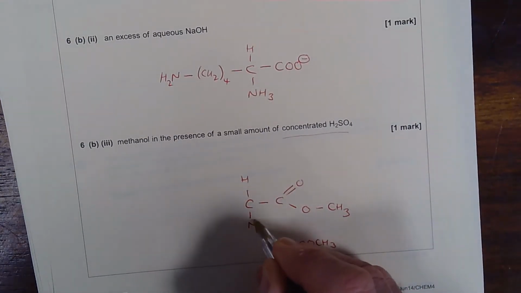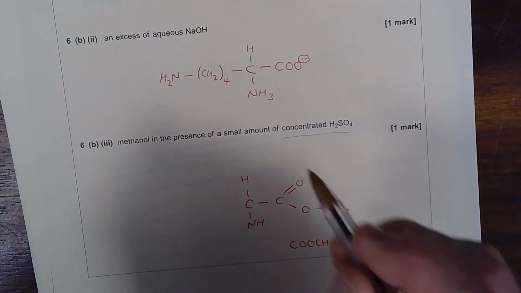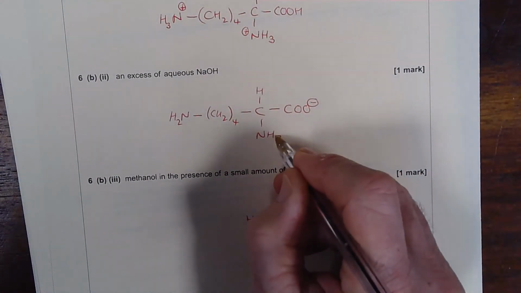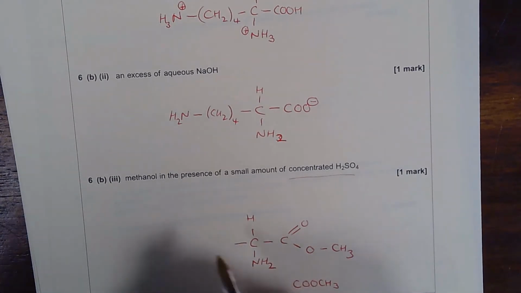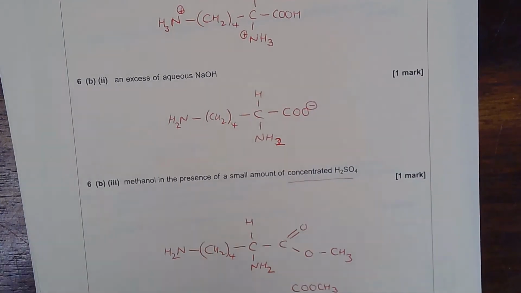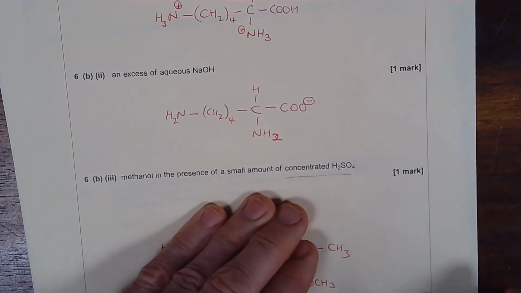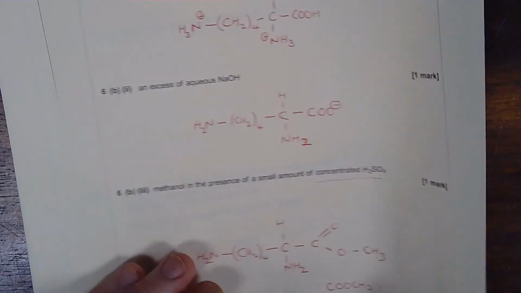So if you just left it as NH2, sorry, I made a mistake, it's NH2 of course, there you would have CH2 4 times, ending in NH2, but if either or both of these were protonated, that would be perfectly acceptable because you're in concentrated sulfuric acid.